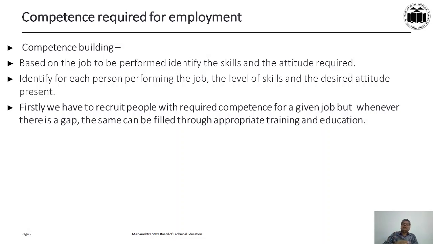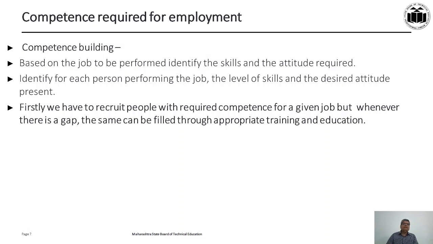See, it may not be the case that every person has the complete skill or the entire required attitude. So he may be less on particular skills. Out of 5 skills, he may be good on 3 skills and weak on 2 skills, or there may be some requirement to develop his attitude.